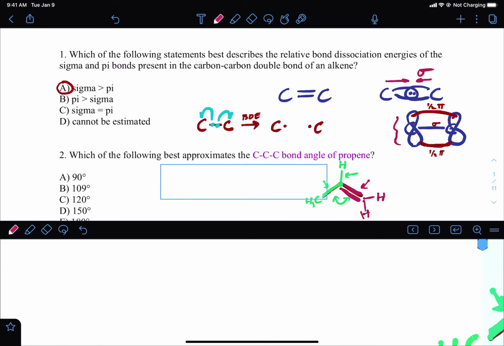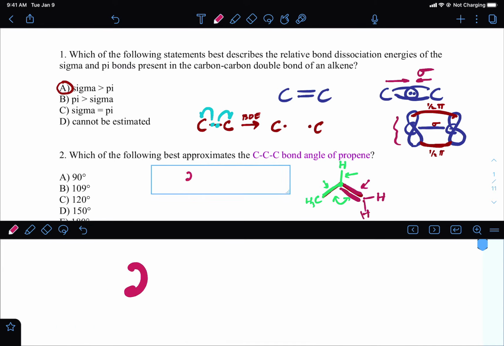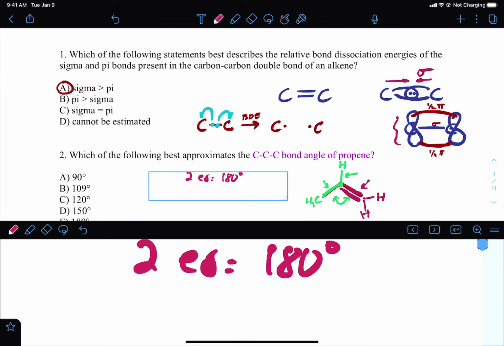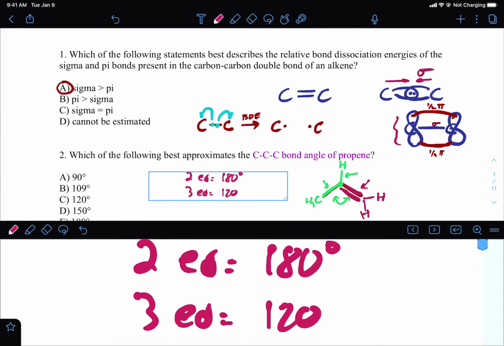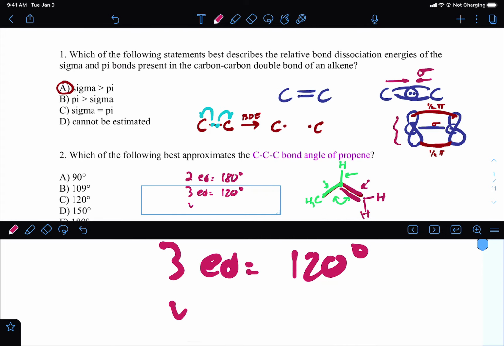The trick is to remember that 2 electron domains is 180 degrees. 3 electron domains is 120 degrees. And 4 electron domains is approximately 109.5.